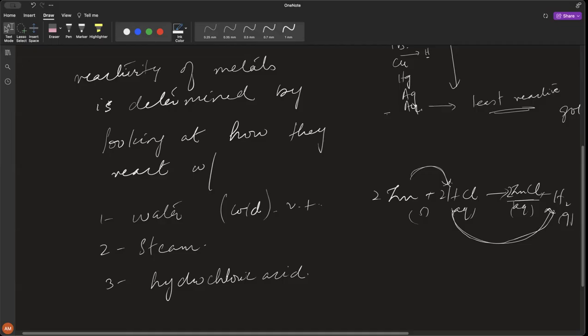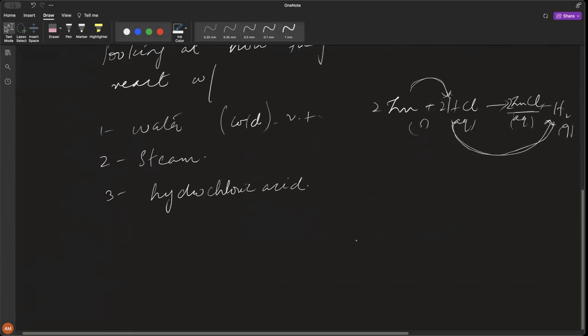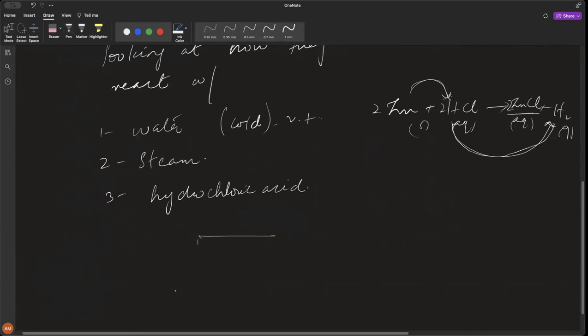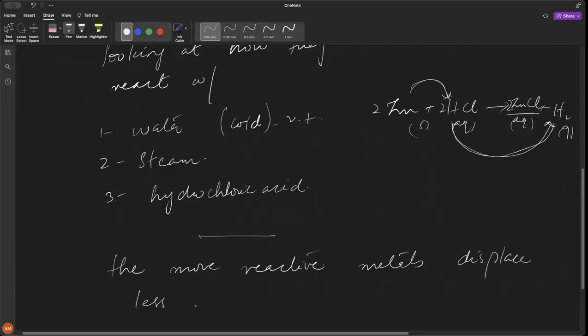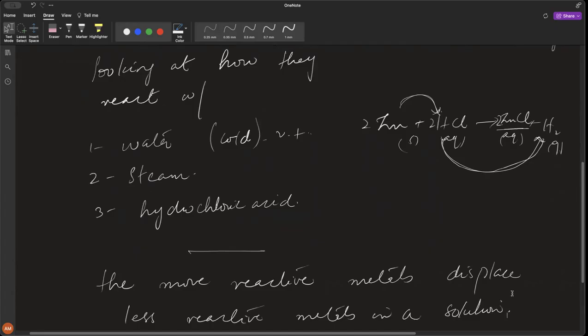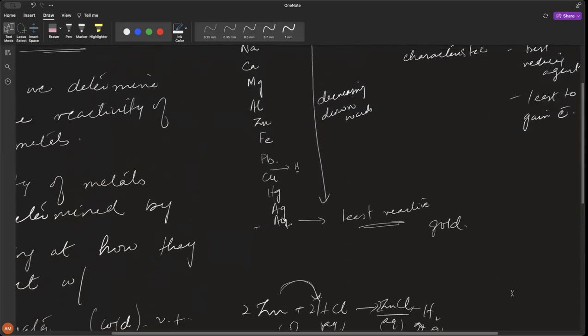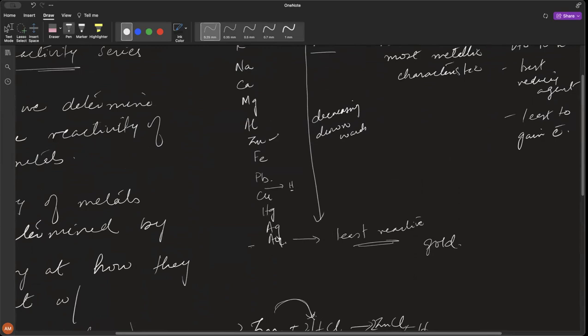Another way to tell which is more reactive is by displacement reaction. The more reactive metals displace less reactive metals in a solution. If you come here, zinc is higher than iron, lead, and even hydrogen.